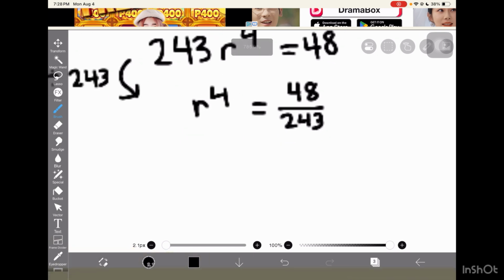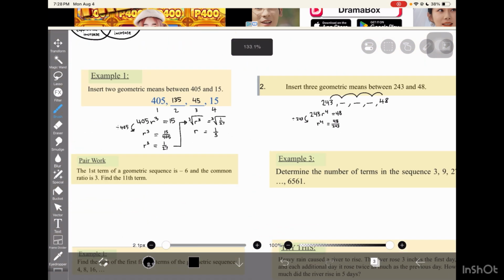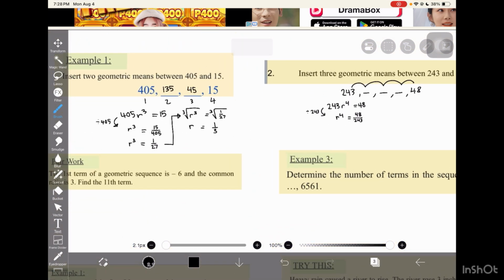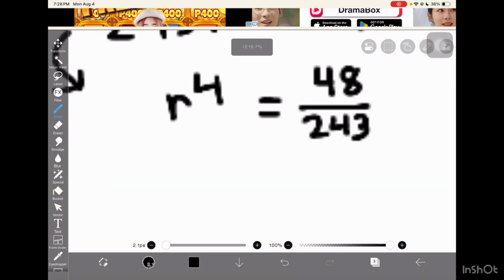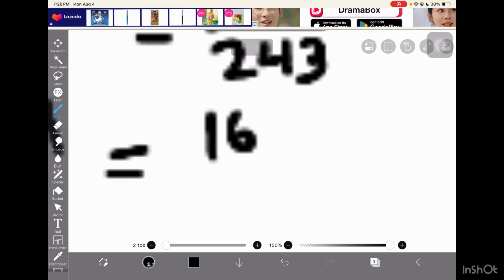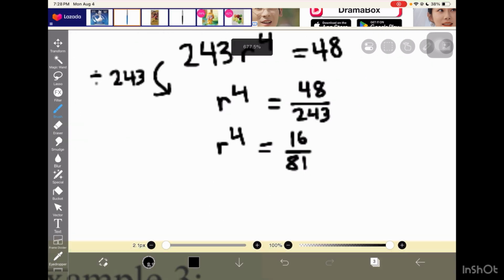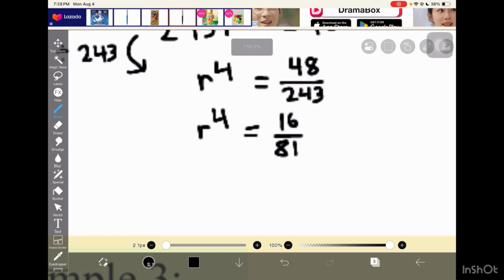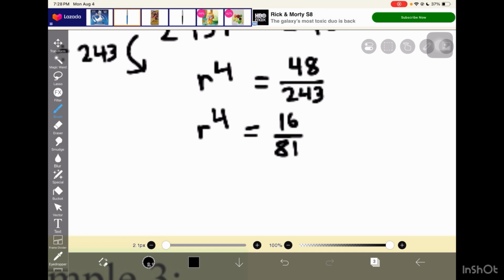So what we do now is, once again, we're going to take the fourth root. Let's simplify this fraction first. 48 divided by 243 simplifies, so r raised to 4 is equal to 16 over 81. But that's not our answer yet, because we just want r. So taking the fourth root of that, there's always a button for this.